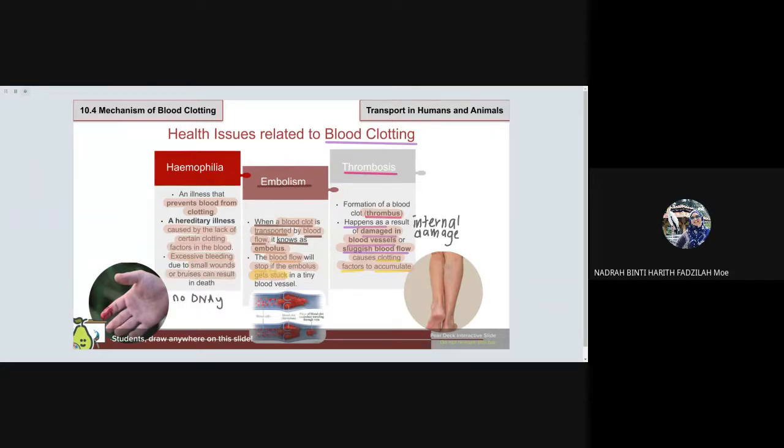So orang yang hemofilia ni dia kena ambil treatment, tak silap saya mereka kena ambil injection atau dapatkan treatment untuk dapatkan clotting factors tu lah from external sources.